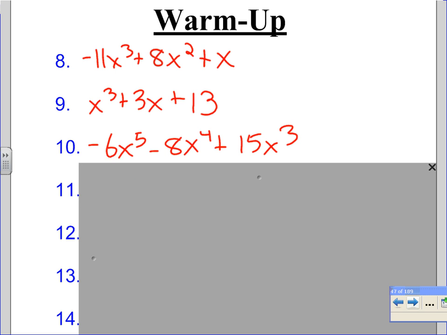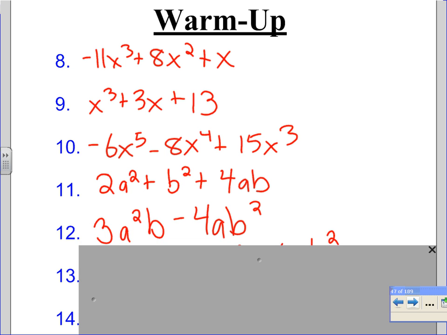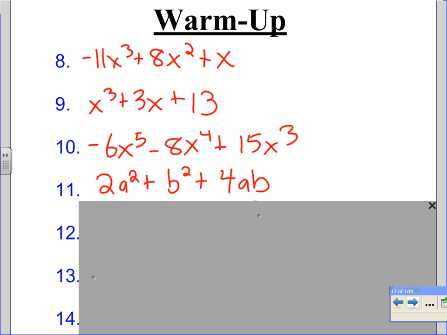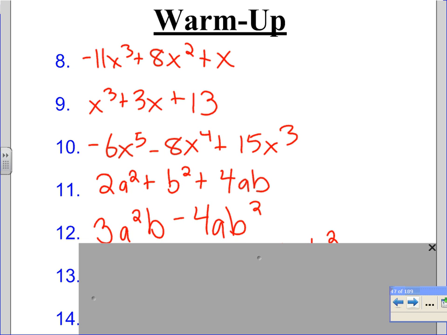Okay, number 11. 2a squared plus b squared plus 4ab. Number 12. Okay, Charles, go ahead. Perfect. That's a hard one. I didn't expect you to know how to do these last couple because I didn't teach you guys these yesterday. They are crazy. That's perfect. It is kind of crazy. Sean, go for it.